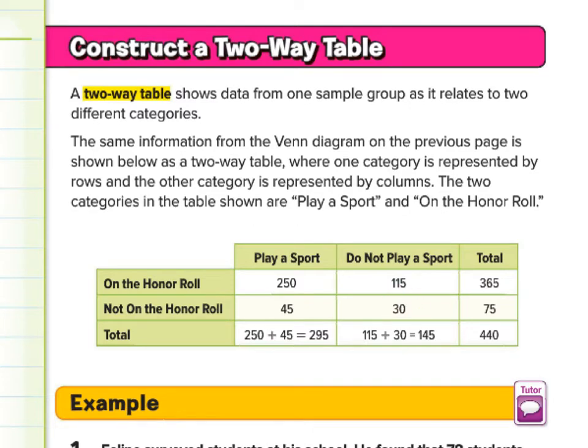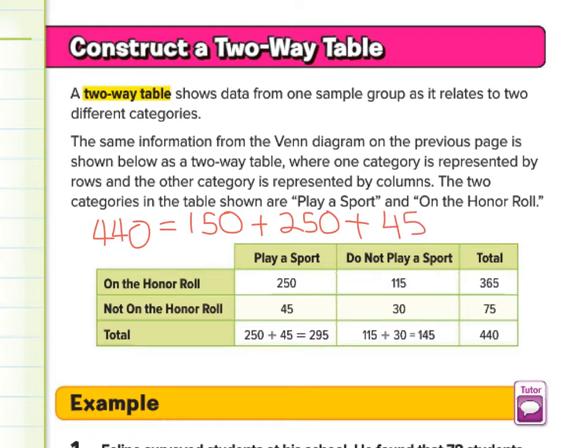Well, keep in mind that in the beginning we did say that there were 440 students, right? 440 students, where 115 are only on the honor roll, plus 250 are on the honor roll and play sports, and only 45 are not on the honor roll but play a sport.